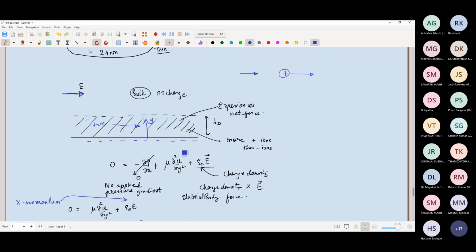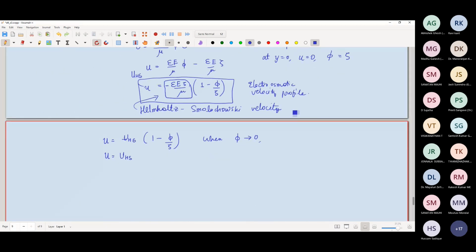So it is effectively like a slip velocity. In order to solve many problems of electroosmosis, we can often assume that the velocity is equal to the slip velocity instead of solving for the entire double layer.